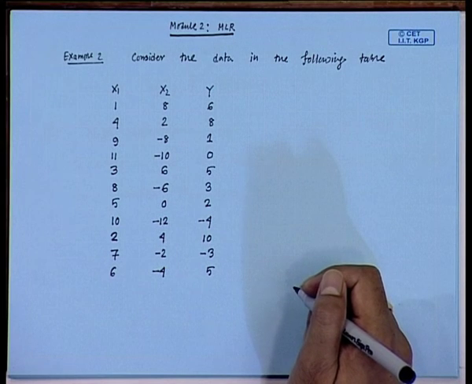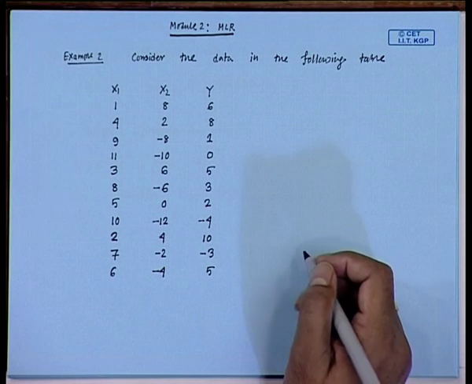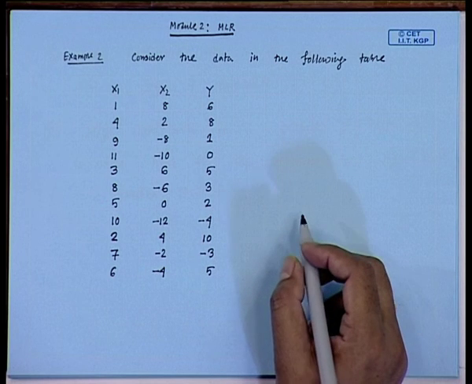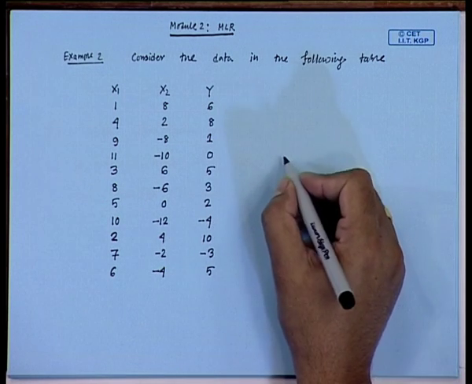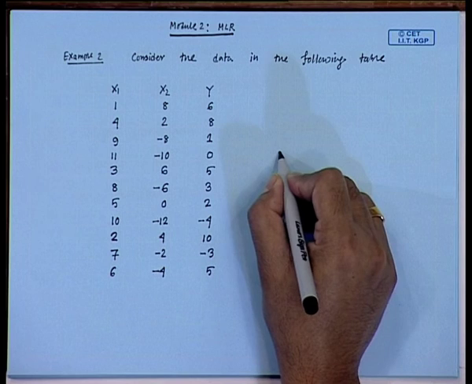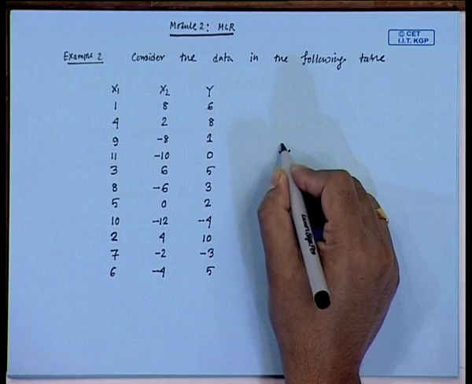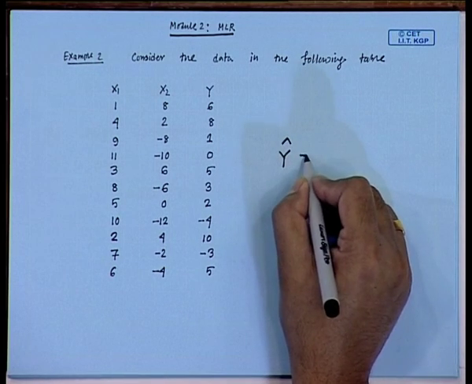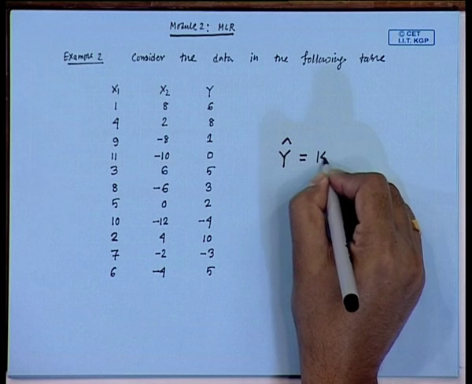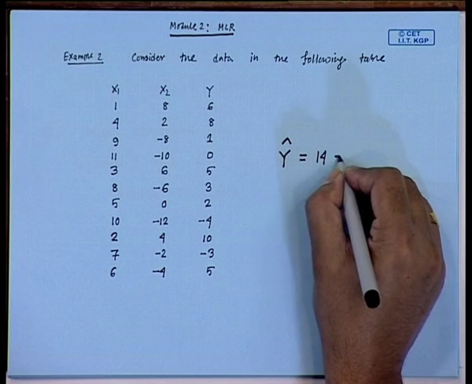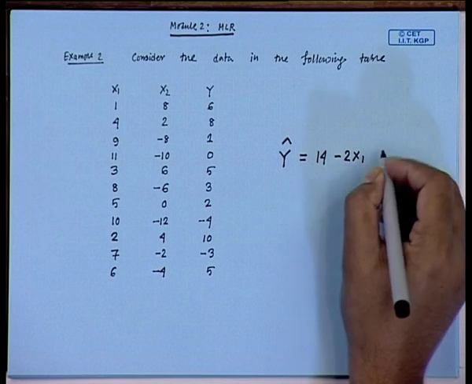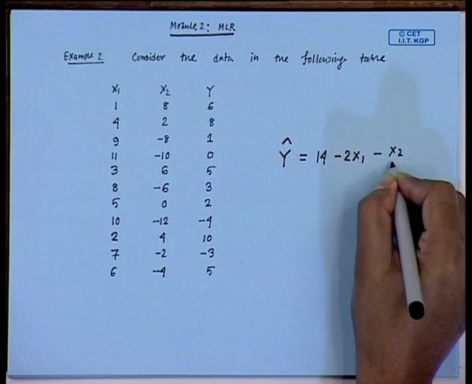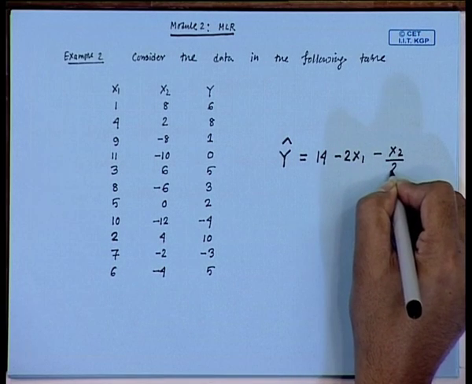We know how to fit a multiple linear regression model here. The fitted model, if you can recall, is y hat equal to 14 minus 2 x 1 minus x 2 by 2.